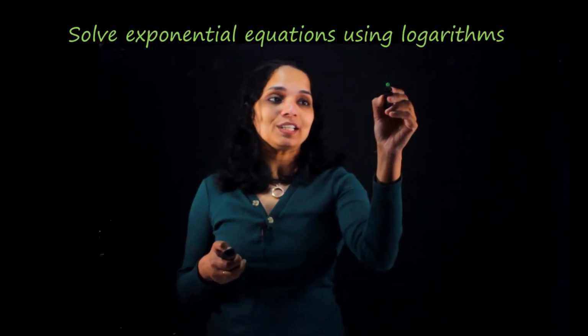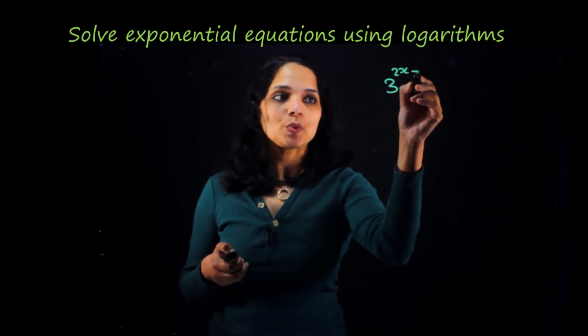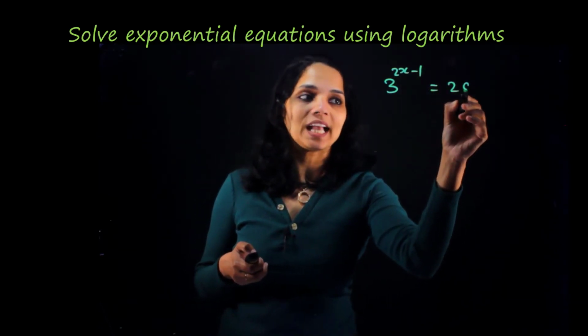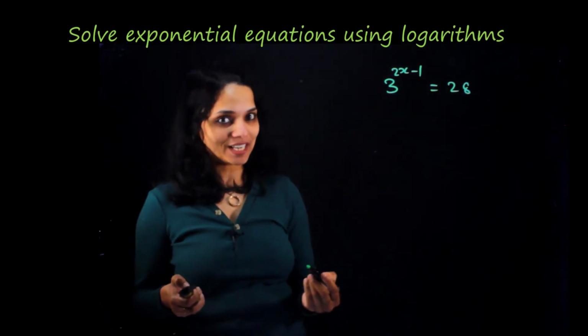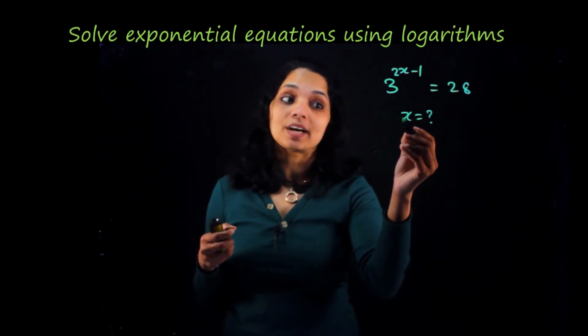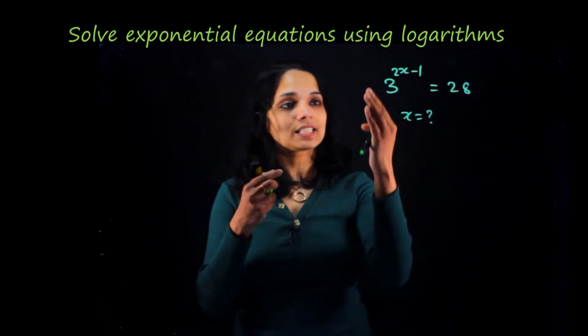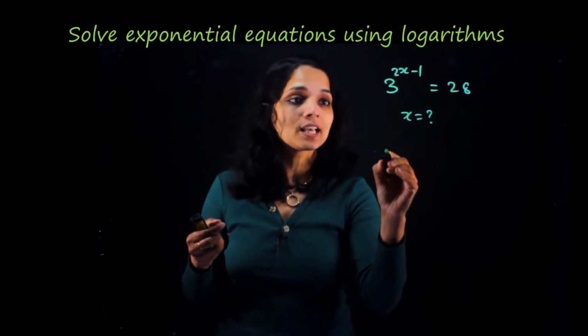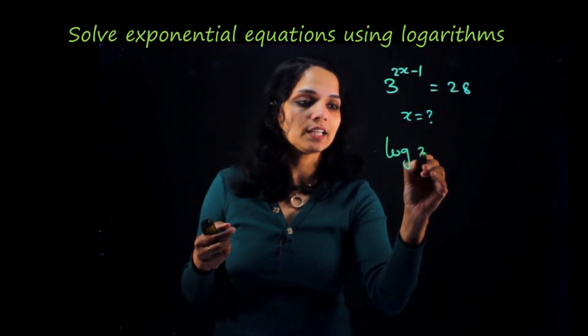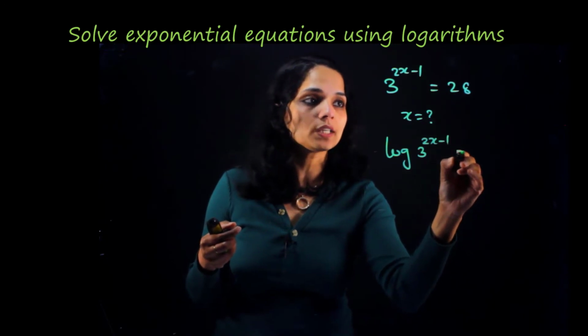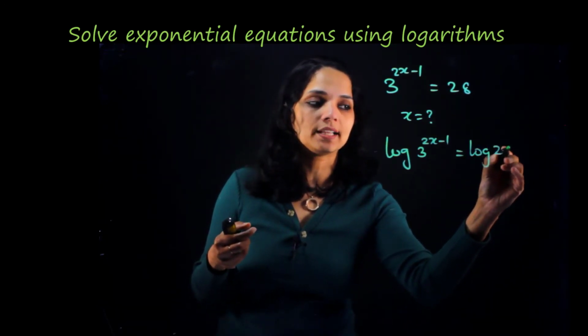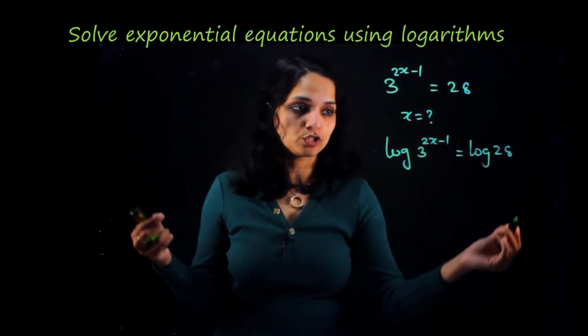The next example is 3 to the power 2x minus 1 equals 28, and we're going to solve this equation. When we solve, we are trying to figure out the value of x. So what we're going to do is take log on both sides. Log 3 to the power 2x minus 1 equals log 28. Because it's base 10, I'm not going to write it.